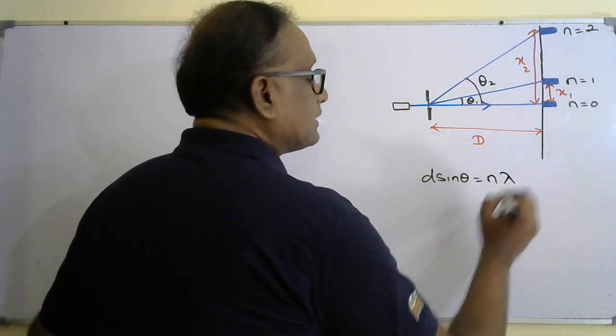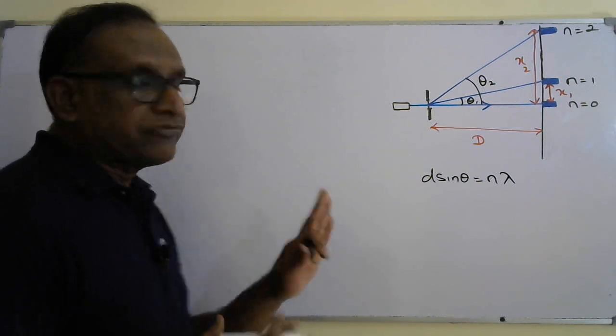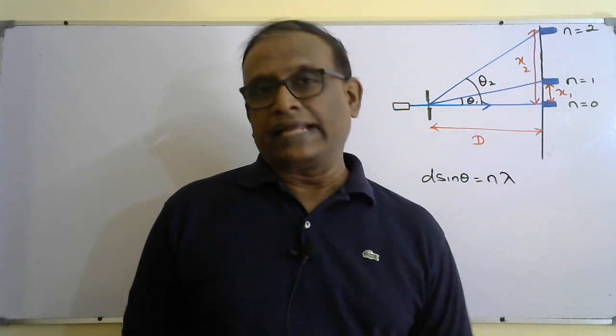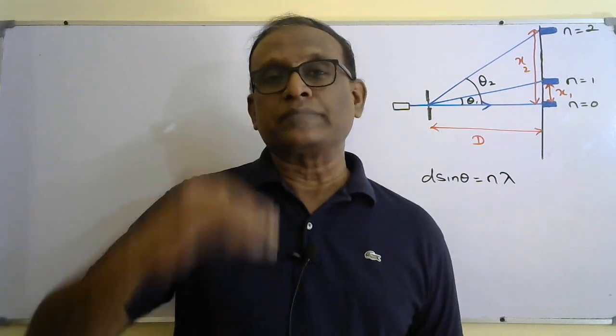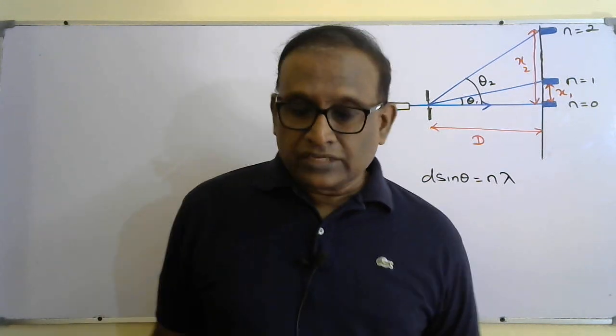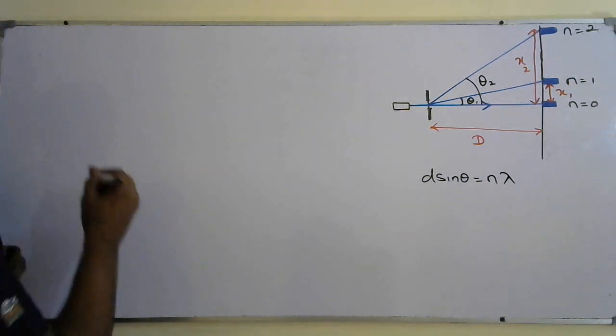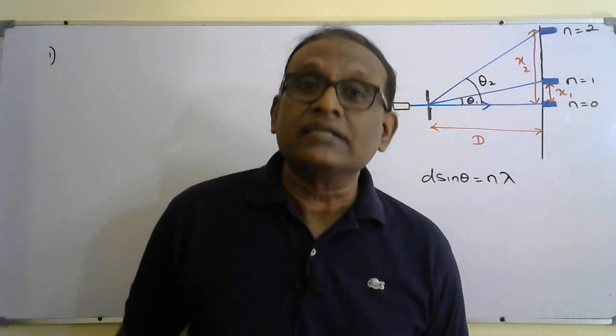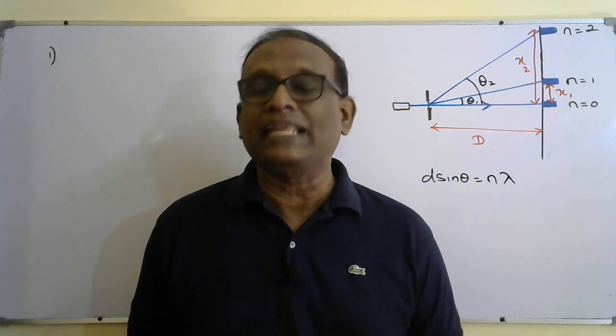You should know certain things related to diffraction grating, because sometimes there could be statements in the MCQ question. The first thing you must know is how to calculate d when they give the number of slits per millimeter.